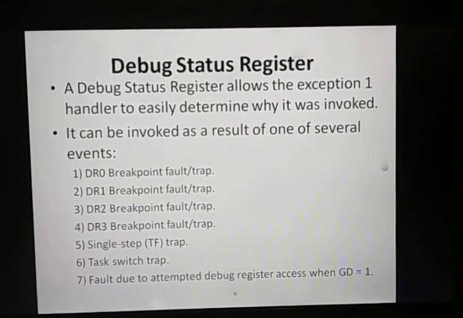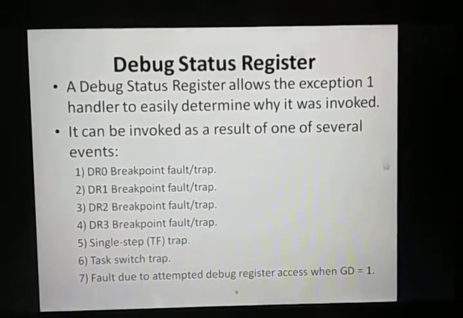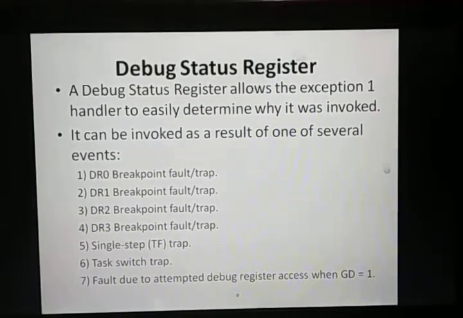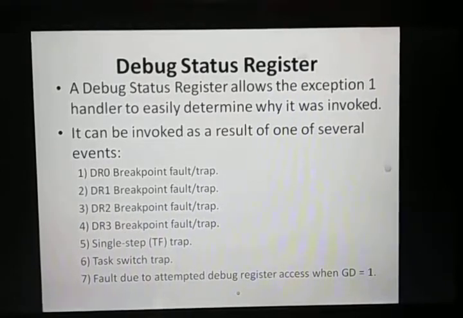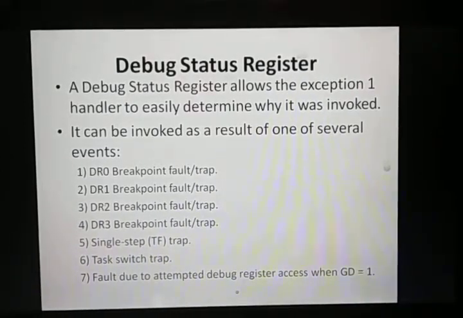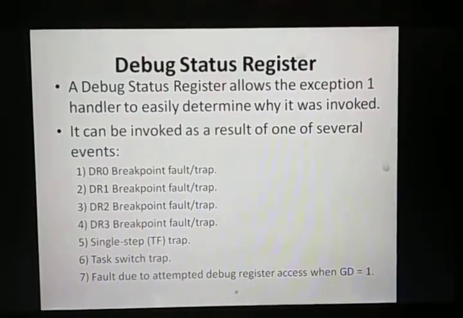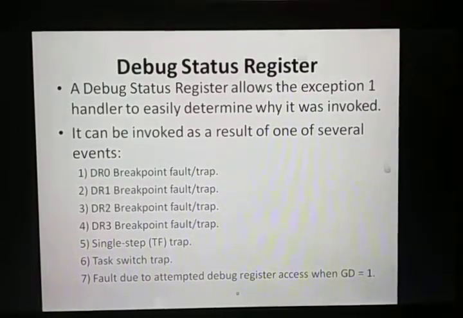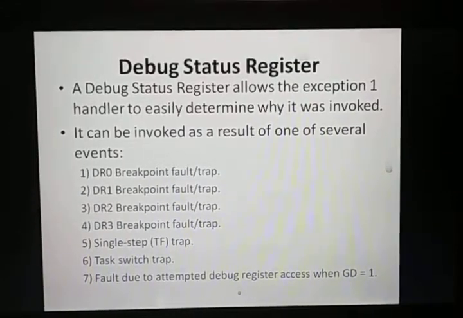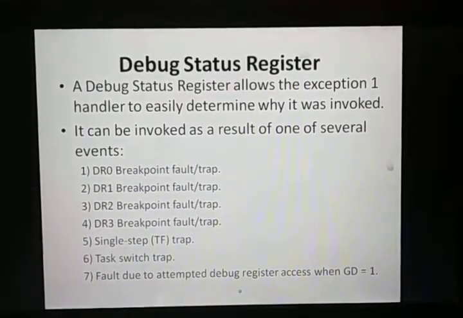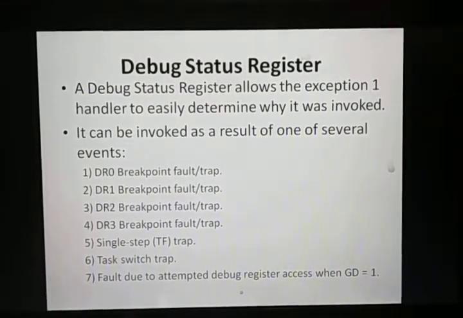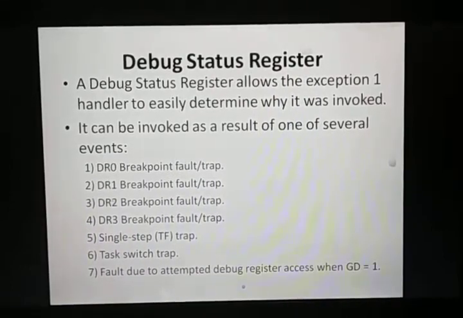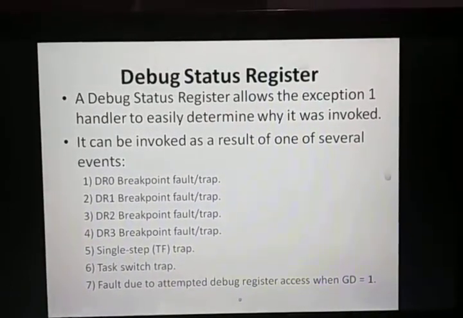Basically, this determines the condition why it was invoked, and it can be invoked as a result of one of several conditions: DR0 breakpoint fault and trap condition, DR1 again breakpoint fault and trap condition, DR2 and DR3 for the breakpoint fault and trap condition, then in single step execution mode, in task switching mode, or when the GD bit is set to 1. So these are the conditions when this exception is generated.